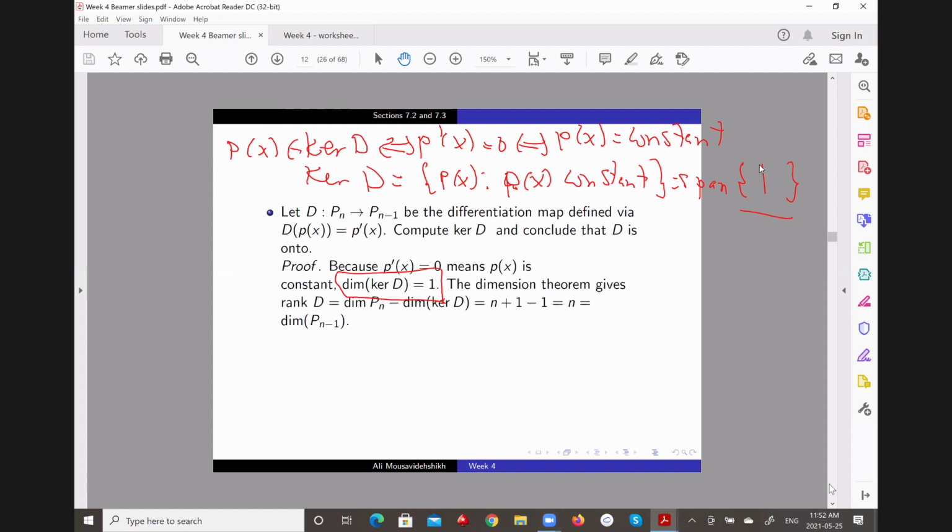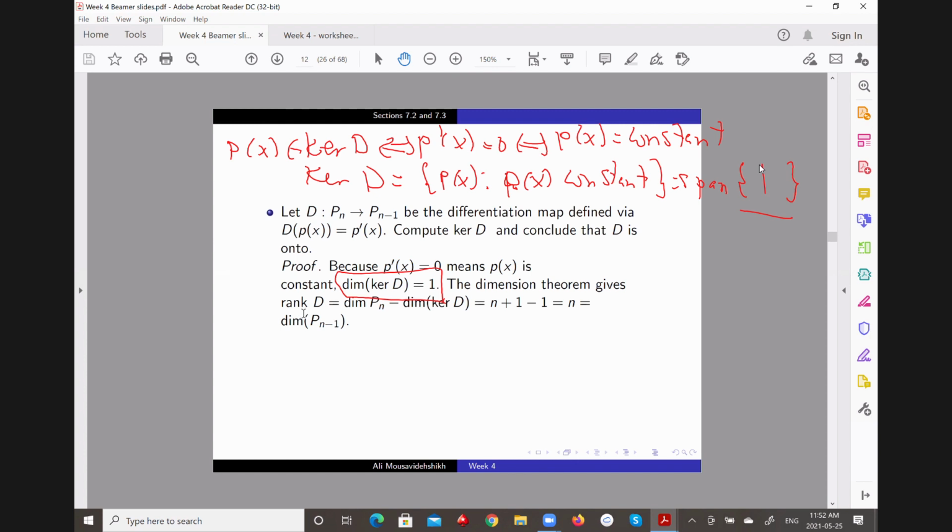Now we use the dimension theorem. The rank of D is equal to, by the dimension theorem, the dimension of Pn minus the dimension of the kernel of D, which is, the dimension of Pn is n plus 1. The dimension of the kernel of D we just found is 1, so that is n, which is equal to the dimension of Pn minus 1.